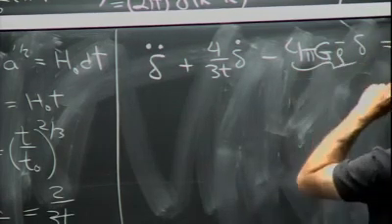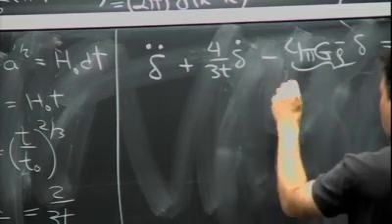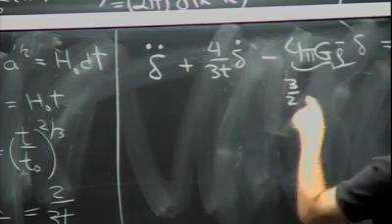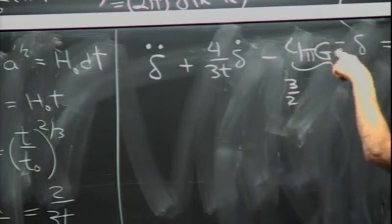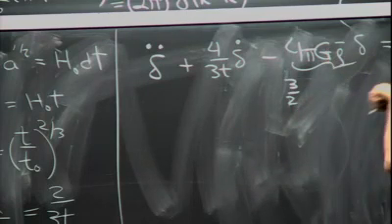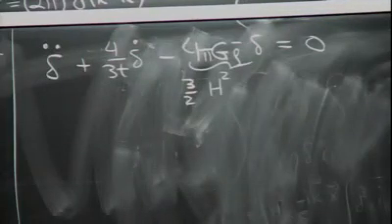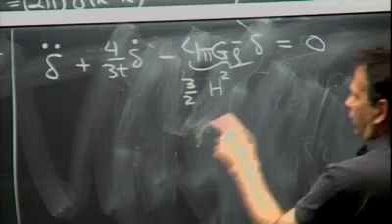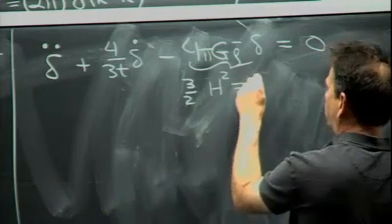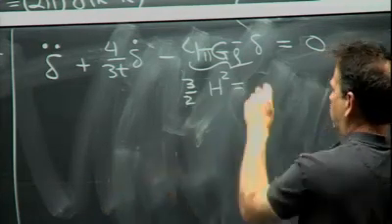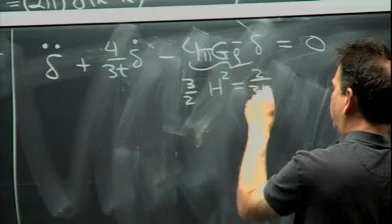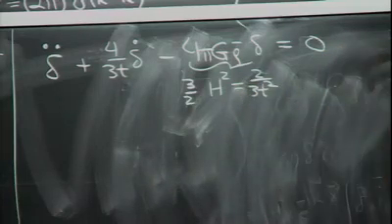But this thing is equal to 3/2 times 8 pi G rho bar over 3, which is H squared. Right? And H squared we already calculated, so this thing is equal to 3/2 times 2/3 squared, which is 2 over 3t squared. So that's the differential equation.